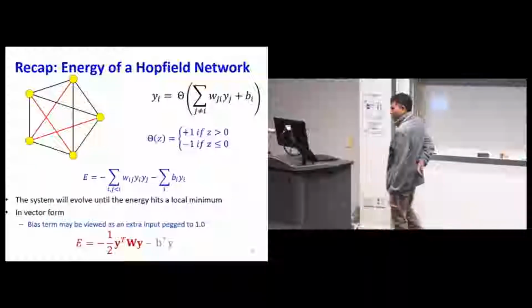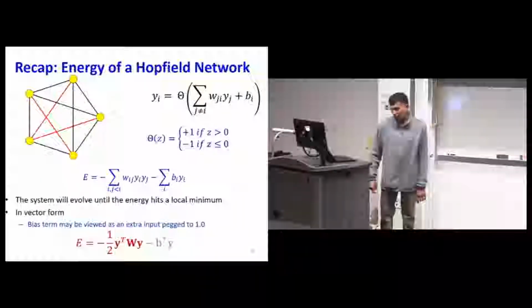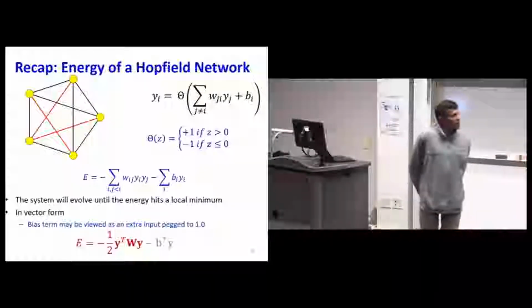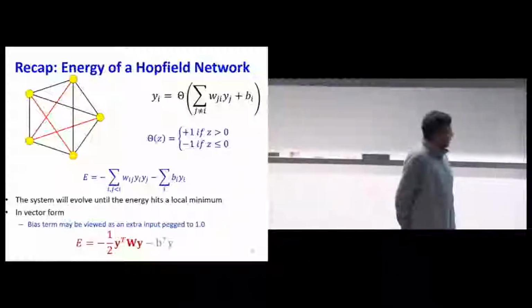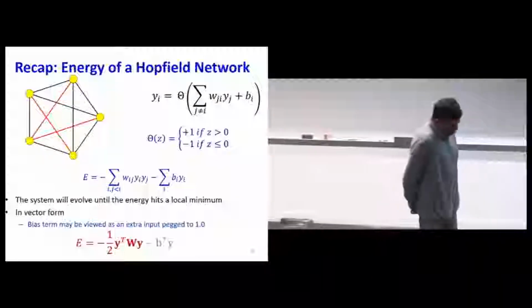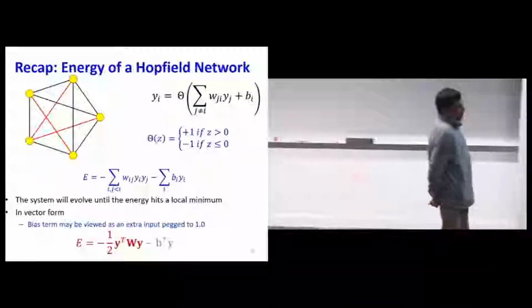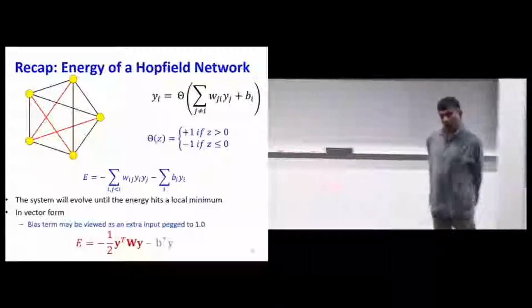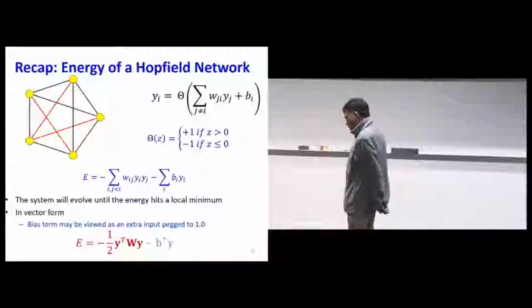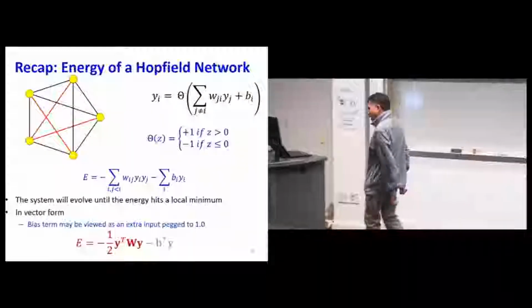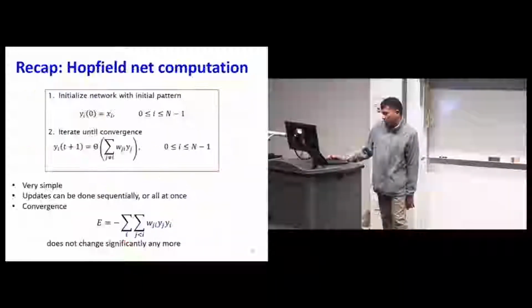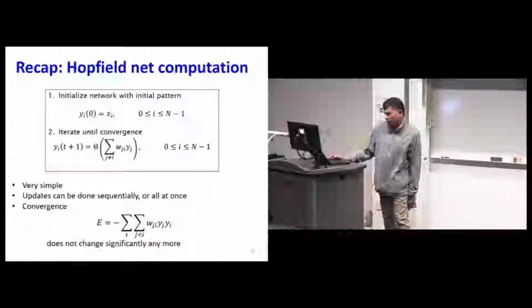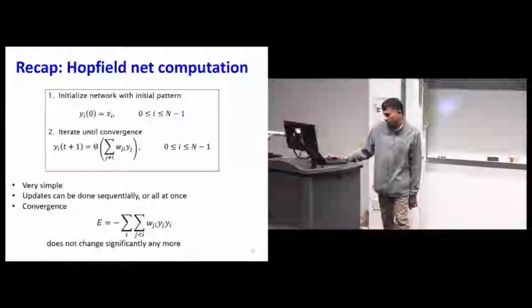Thank you. Right. So we also saw that we can define an energy for a Hopfield network, which is basically a weighted combination of the product of all pairs of neurons in the network. And when the Hopfield network evolves, it evolves to minimize this energy. So the overall Hopfield network computation was something like this.